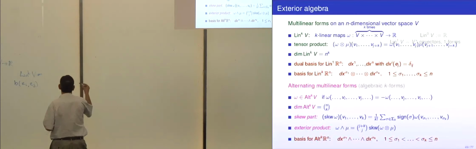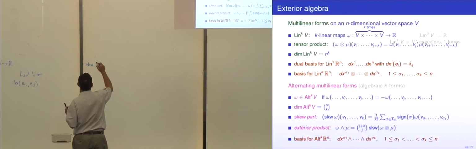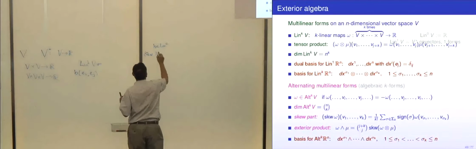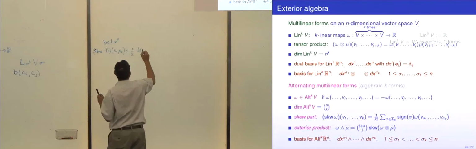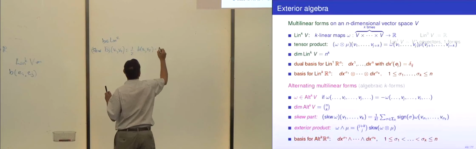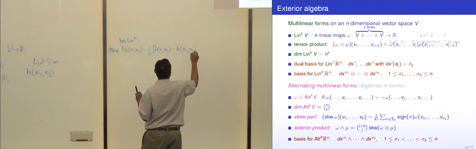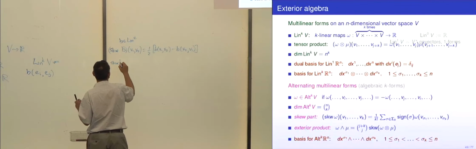So for example, the skew part of a bilinear form applied to v_1, v_2 is 1/2 of B(v_1, v_2) minus B(v_2, v_1), right?